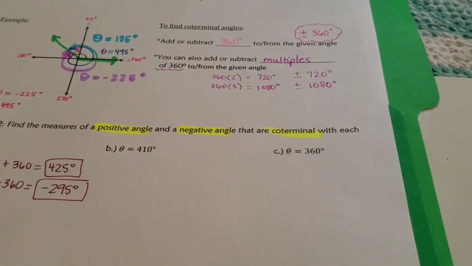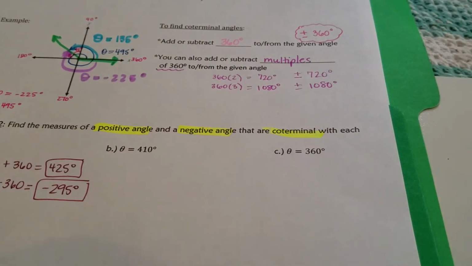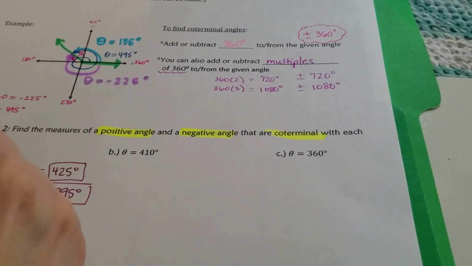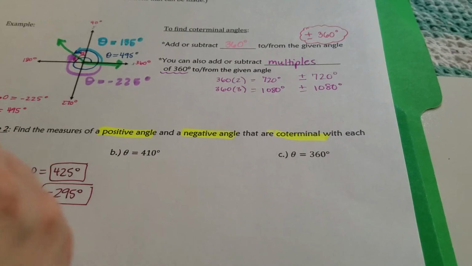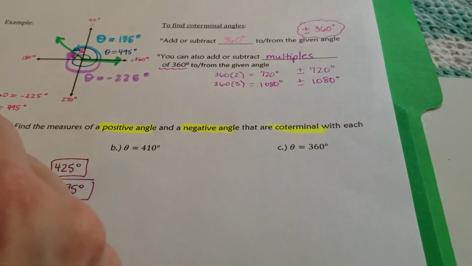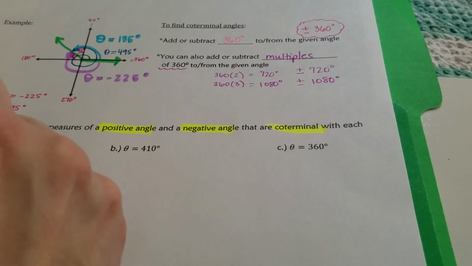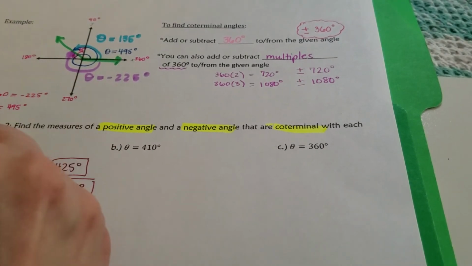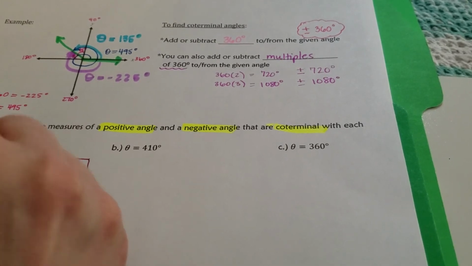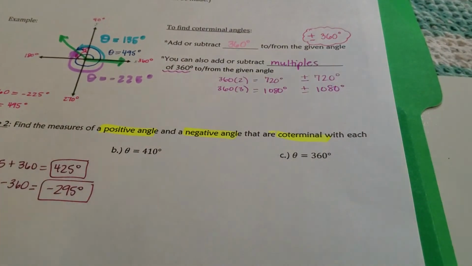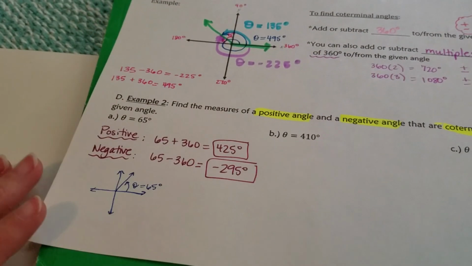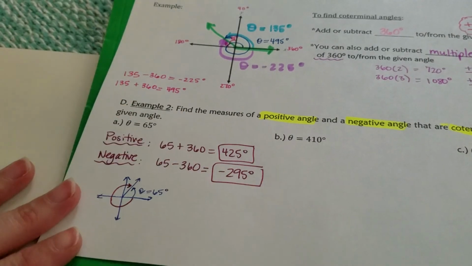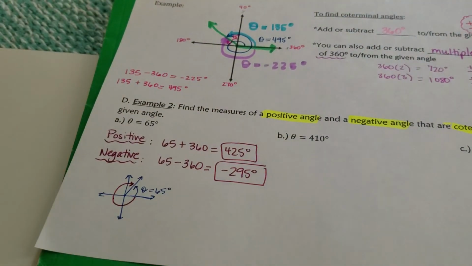Okay, you don't have to draw that out. You can just do that there, but I just want to give you a visual. So 65 is going to be in quadrant 1. Here's 45, so it's about 20 degrees past that. So what you're doing is you're saying, okay, if this is your theta at 65, you're finding the coterminal angle, which starts at the same place and then goes around in the other direction.